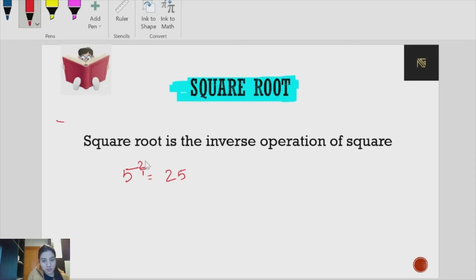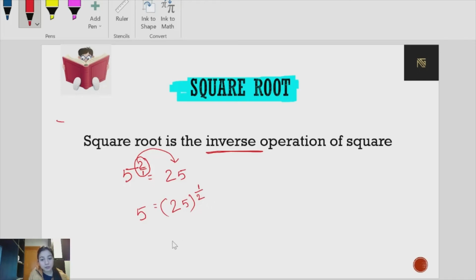When I want to shift this power from left hand side to right hand side, this will be 25 to the power 1 by 2. Now see how this power just became reciprocal or inverse. Clear? Here 5 is the remaining.